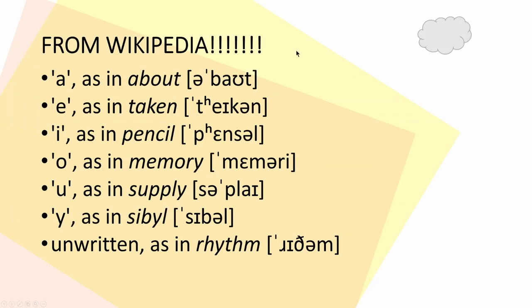Now I've done what you're never supposed to do and taken a bunch of examples from Wikipedia, but I like this a lot because you can see that it's happening in a lot of different cases. And you can go and read the Wikipedia page for the schwa.